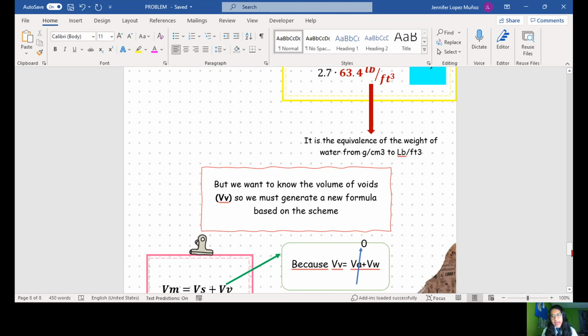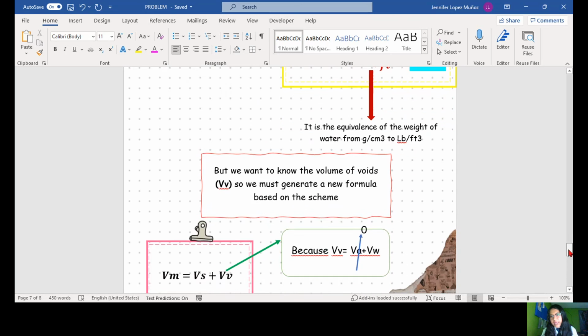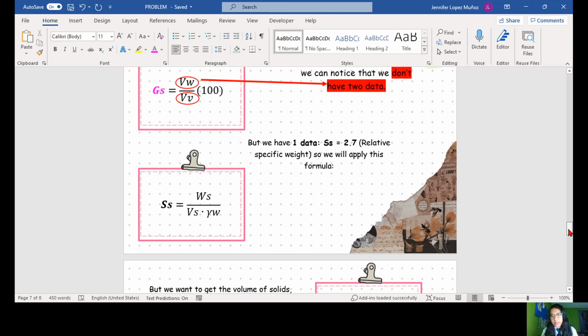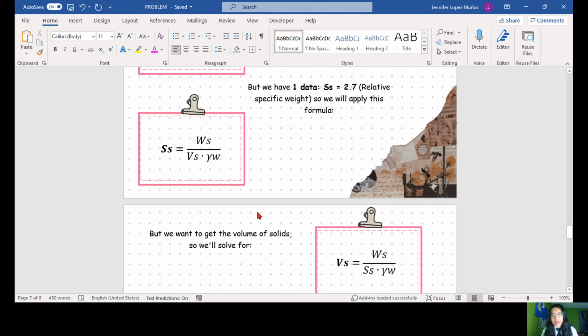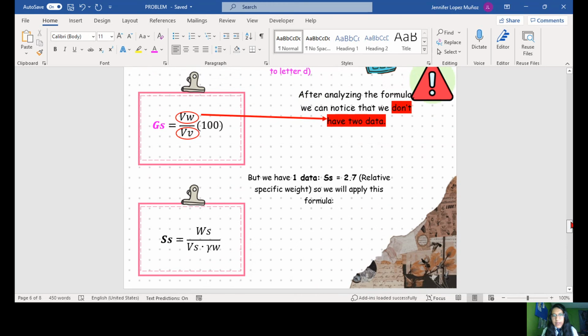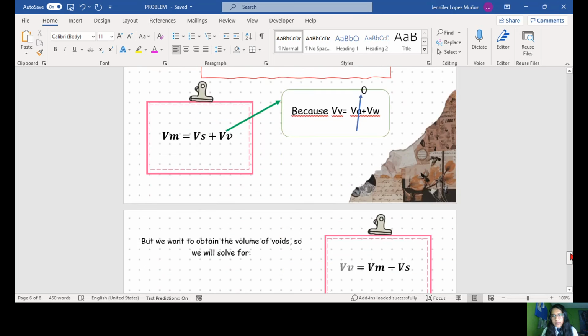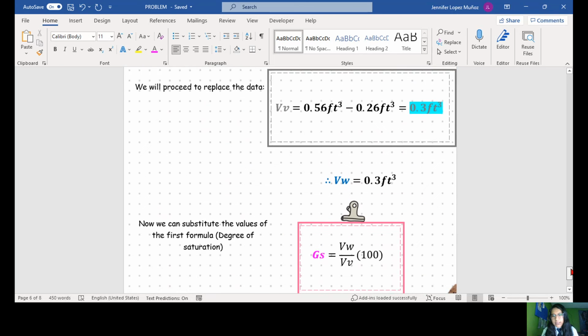I have two data, but I need to replace them in the first formula.